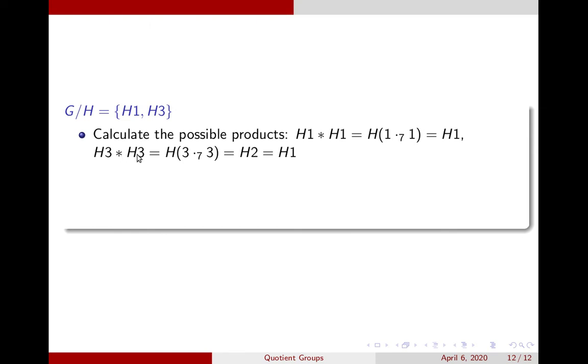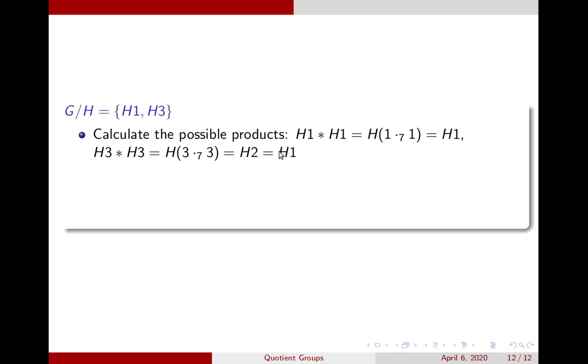Okay, H3 star H3. By definition, that's the right coset determined by 3 times 3. 3 times 3 in U7 is 2. And so we get the right coset determined by 2, which is the same as the right coset determined by 1.